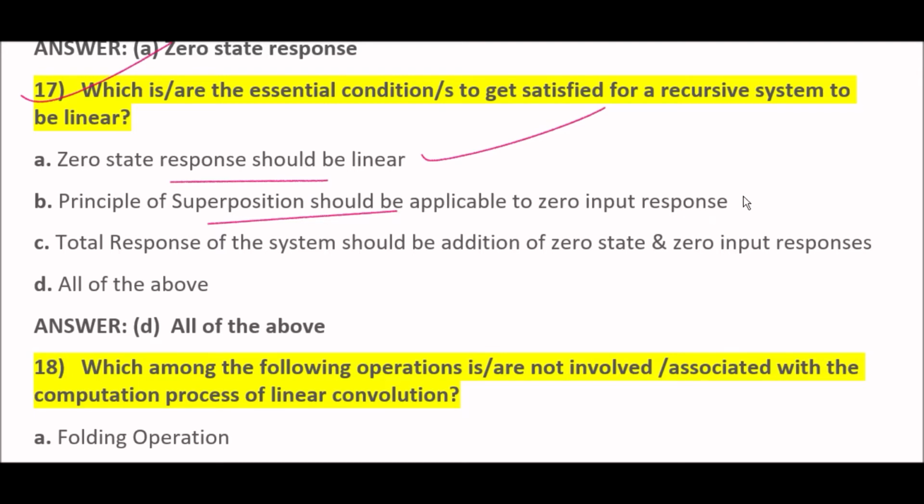This is also correct. And C, total response of the system should be addition of zero state and zero input responses. Okay, correct answer here is option D. They all are conditions essential to get satisfied for a recursive system to be linear.